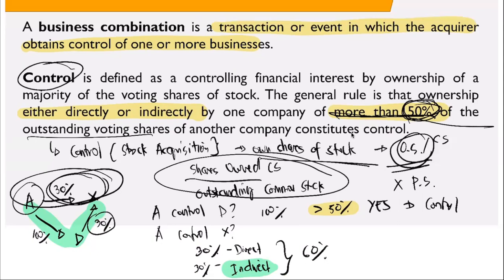Since the total ownership now is 60%, is that more than 50%? Your answer is yes. It is more than 50%. There being more than 50% ownership, there is the presence of control. So the first one is direct, A to X. The other one is indirect.